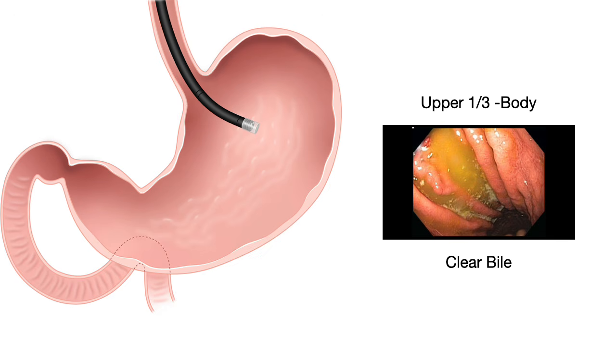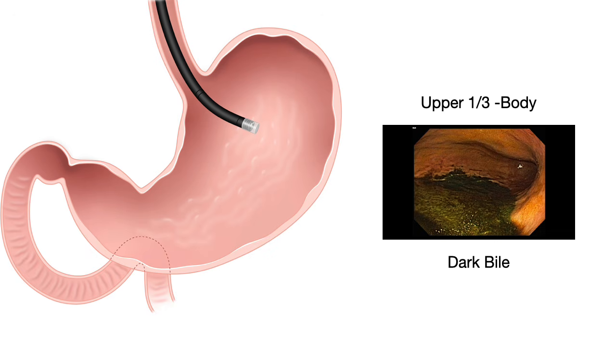Here we see clear bile. If you see dark bile, as you can see here, especially if it is a large amount, you should suspect that there may be a problem downstream with some form of obstruction or something abnormal.